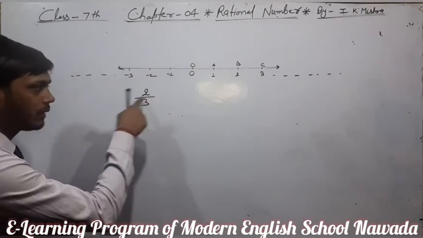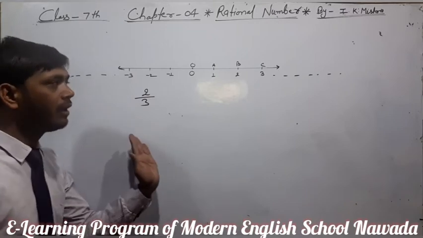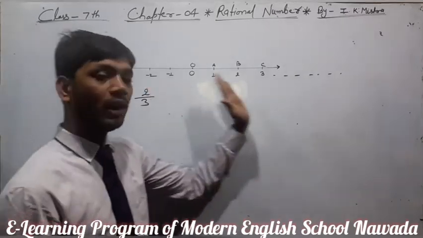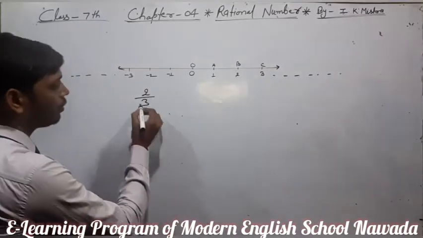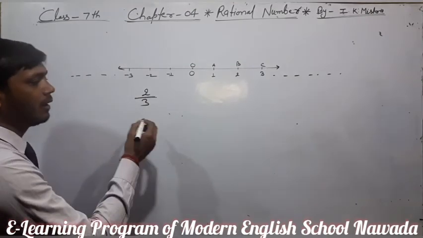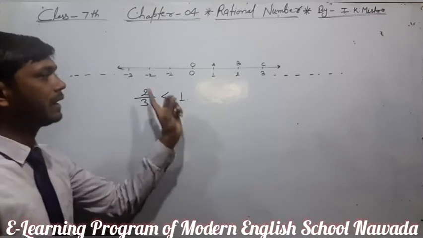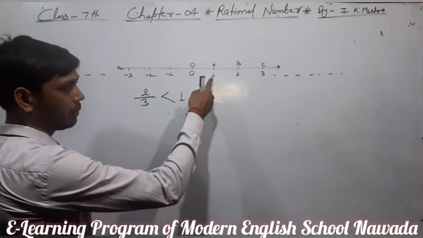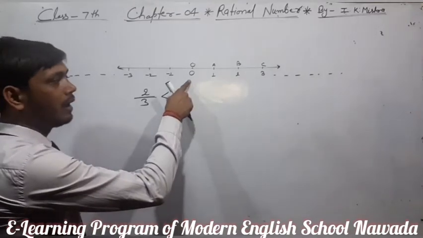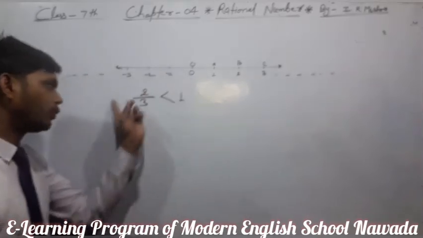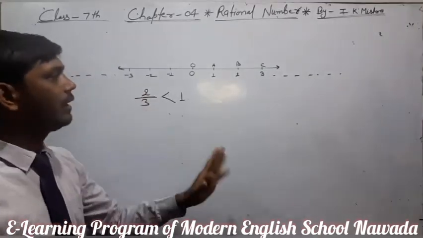It is positive, that means it will be on the right side of 0, and you know its value is less than 1. That means it will be represented between 0 and 1.